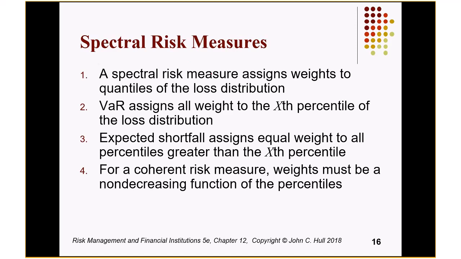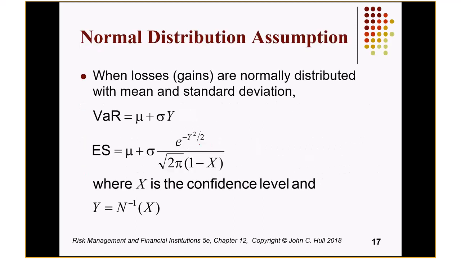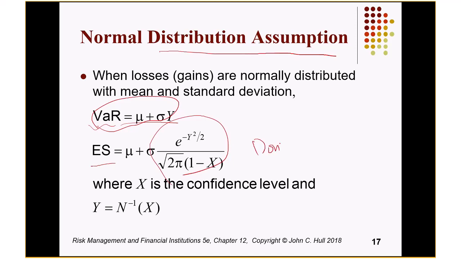Spectral risk measures. This is also a theoretical concept. Okay, you need to be familiar with the normal distribution assumption. So this is the normal distribution assumption. VaR is very easy to calculate. For expected shortfall, they will not require you. You don't have to remember.